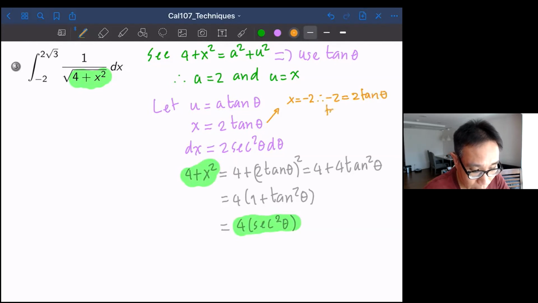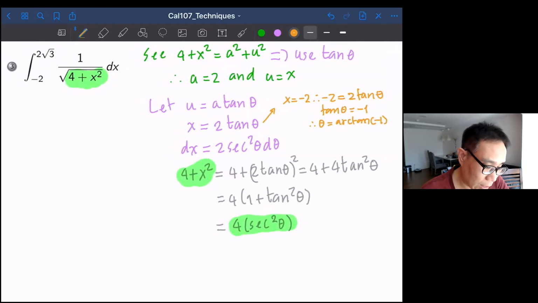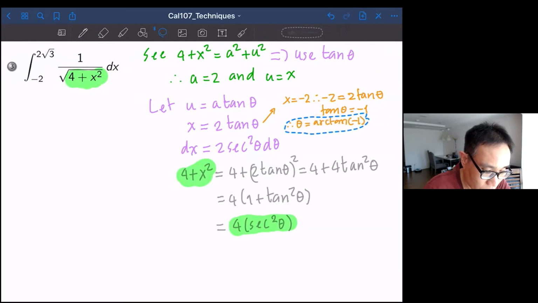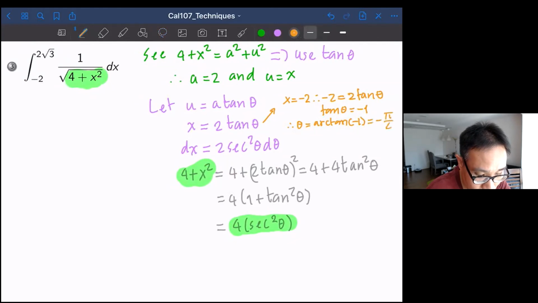So you would get tan theta equal to negative 1. This allows you to get theta equal to arctan of negative 1, and arctan of negative 1, if you recall, turns out to be negative pi over 4. So for x equal to negative 2, theta is negative pi over 4. Let me move everything up a little bit. I just need one line more.